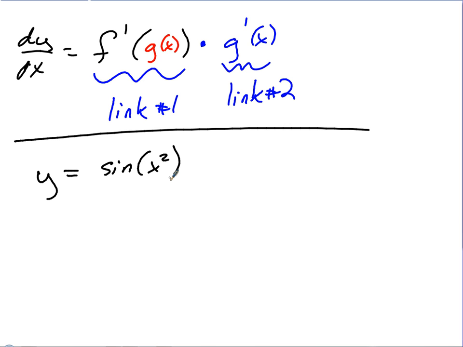Okay, how many layers are there to that function? 2. Okay, what's the outermost layer? Sine. So at the outermost level, if we're looking outside in, a sine is the kind of function animal we're dealing with here, right? It's a sine. And we'll treat it like a sine. Now, when I peel away that layer, what have I got? X squared. Okay, I've got a power inside that, right?